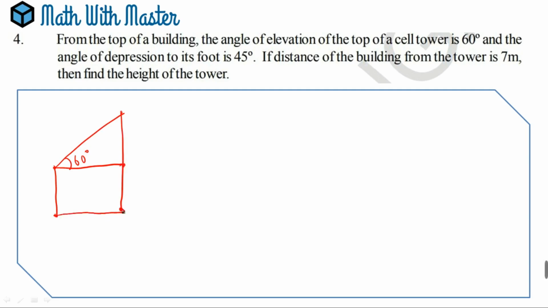This is the ground, and the angle of depression to its foot is 45 degrees. So up to here this is 45 degrees with the horizontal line. So if the distance of the building from the tower is 7 meters, means if this is 7 meters, then find the height of the tower.